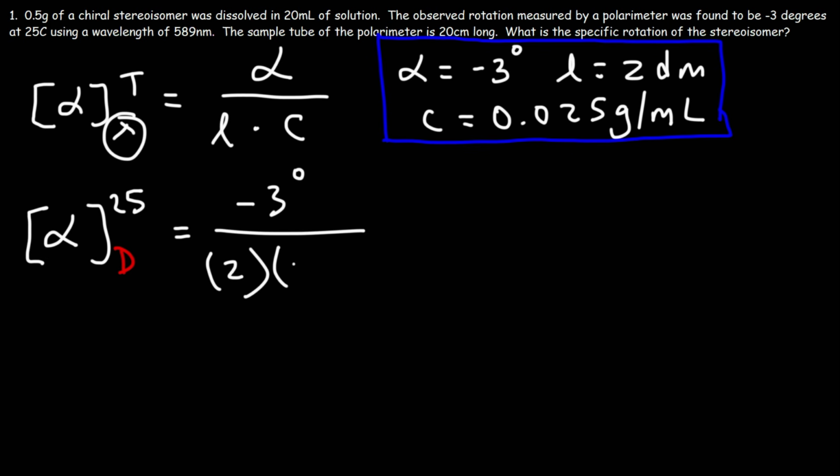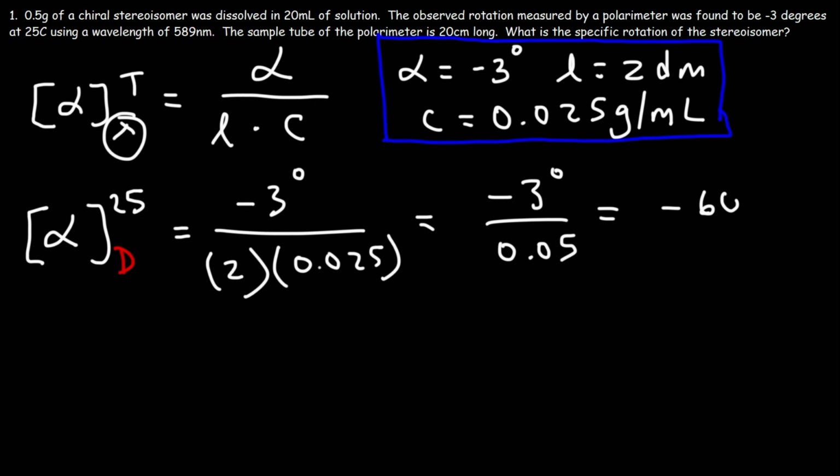And the concentration, 0.025 grams per milliliter. 2 times 0.025, that's going to be 0.05. -3 divided by 0.05, that's -60. So the specific rotation of this stereoisomer is going to be -60 degrees. And that's the answer for this problem.